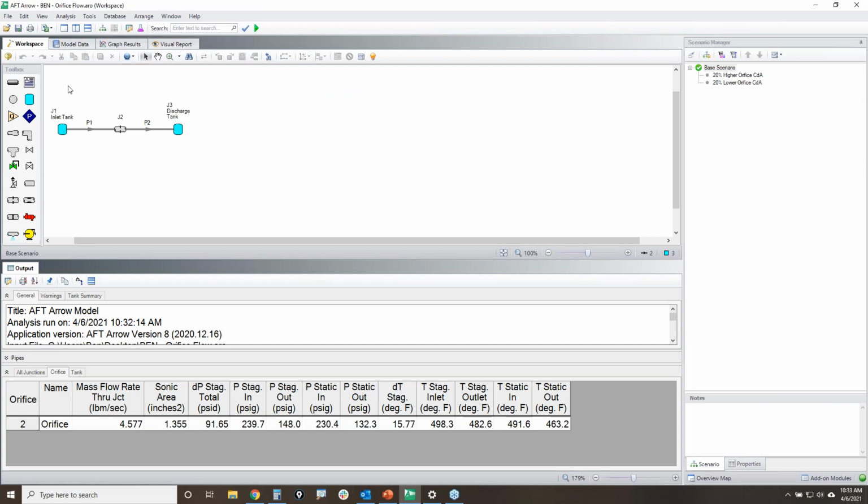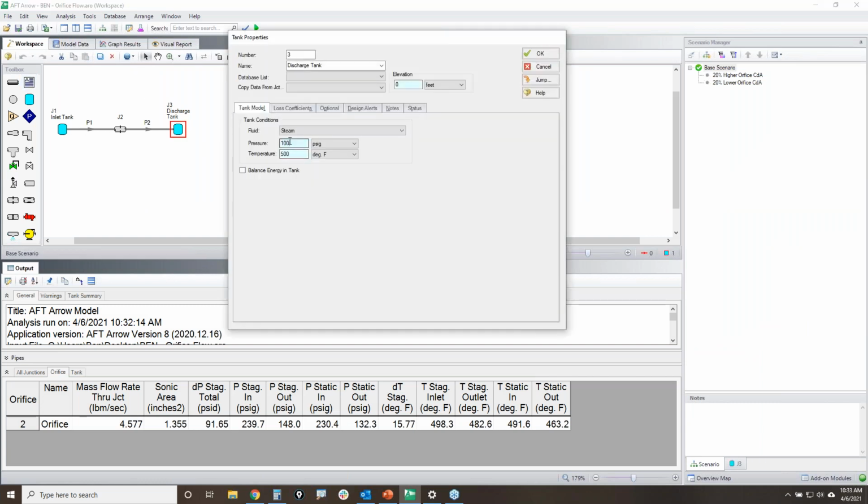Now, let's start decreasing that pressure, because what I know is at 100 psig, I'm not sonically choked anymore. So I'm going to start from 100 psig and start going down in pressure to try and see if I can get additional flow.